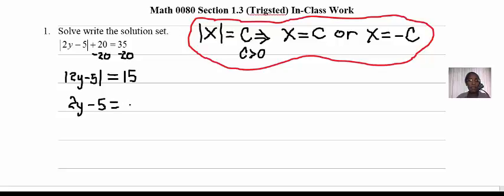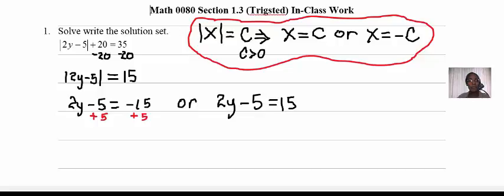So 2y minus 5 is either negative 15 or 2y minus 5 is positive 15 if the absolute value of 2y minus 5 is 15. And so I solve the equation on the left. 2y has to be negative 10.